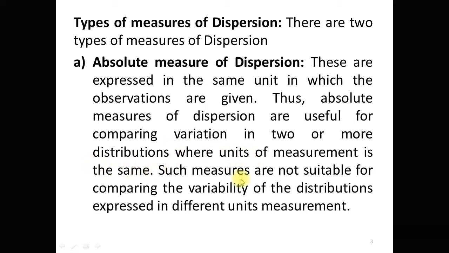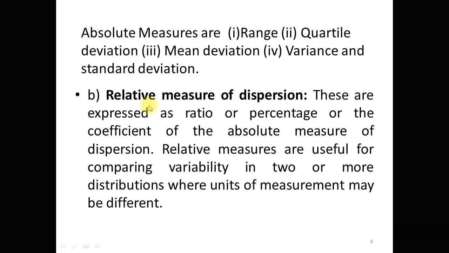Such measures are not suitable for comparing the variability of distributions expressed in different units of measurement. The absolute measures are range, quartile deviation, mean deviation, variance, and standard deviation.